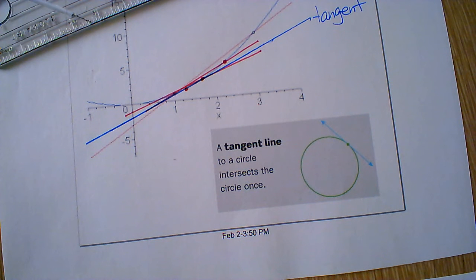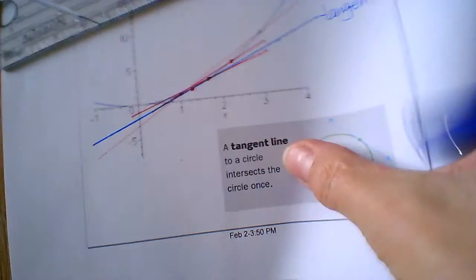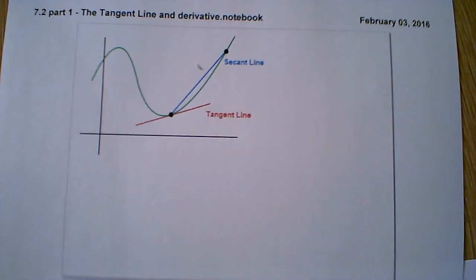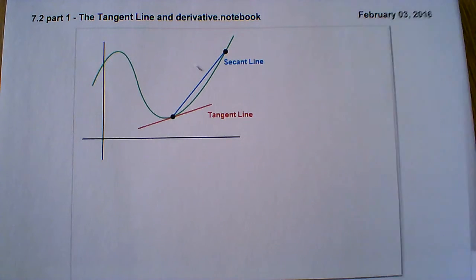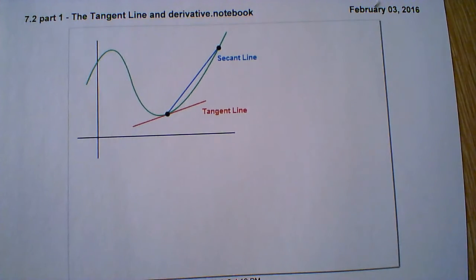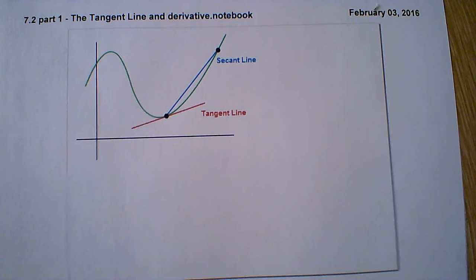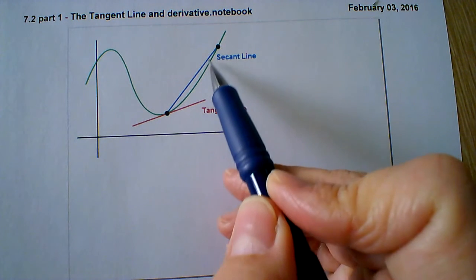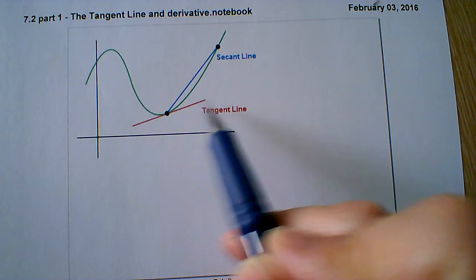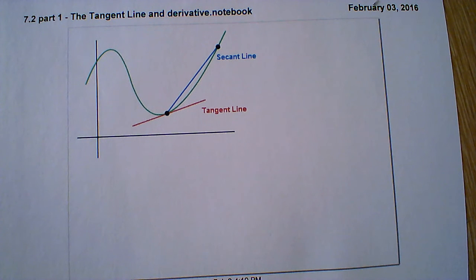Okay, so here's just a reminder of what a tangent is. You learned that in geometry. So that would mean, oh, here's an even better picture. Look at this picture. So, the secant line is in blue, and as this point moves down the curve, you will eventually get to the tangent line.